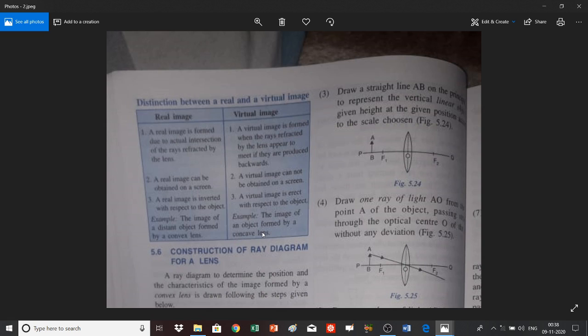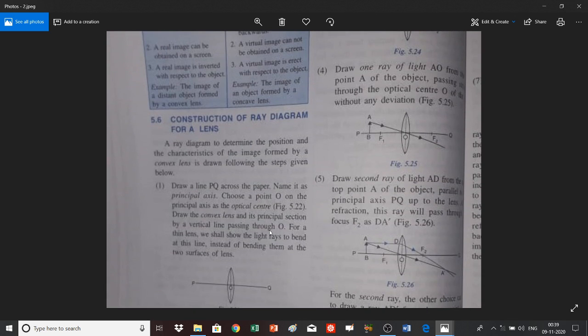If you consider that an object is placed at a distant place, and you have used a concave lens, then the image that forms is a virtual image.